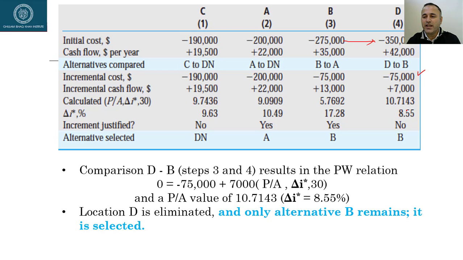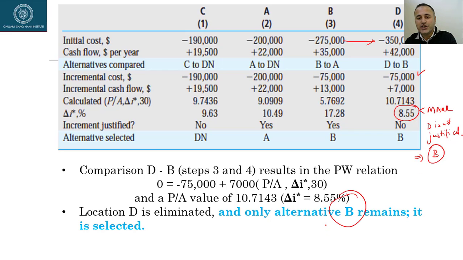Once I calculate the IRR for the incremental cash flows, it is 8.55, which is less than MARR, which means D is not justified. If D is not justified, we choose B. So B is my only alternative.